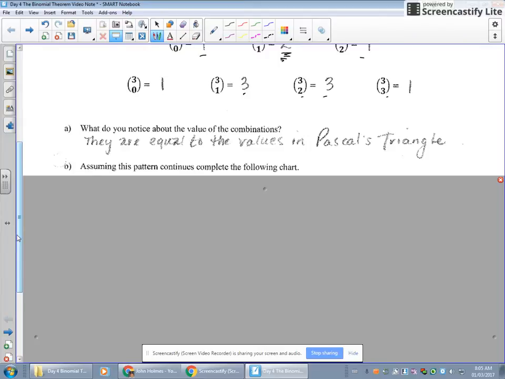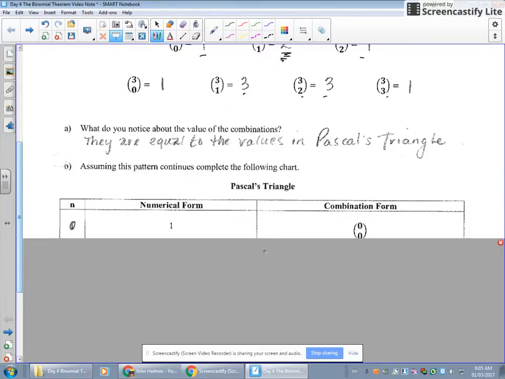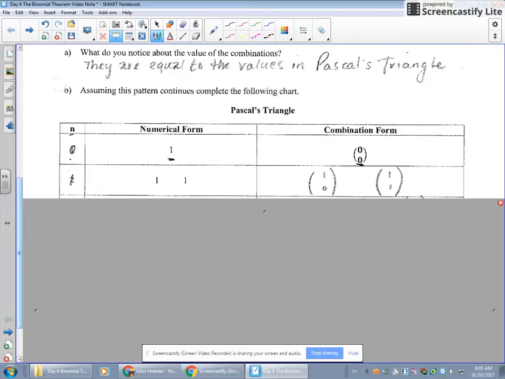So if we assume that this pattern continues, the idea is that when n is 0, our numerical form up at the top has a value of 1, and we write that in combination form as 0 choose 0. That's for the 0th row. On the first row, the numerical form becomes 1 and 1. We write that in combination form as 1 choose 0, or 1 choose 1.